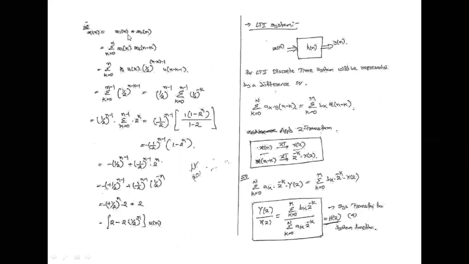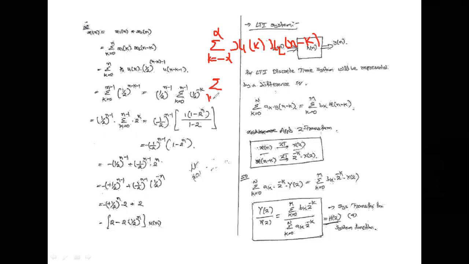And using this convolution formula, substitute (1/2) and the mu of k. I'll explain. The sum of k equal to minus infinity to infinity, x1 of k, x2 of n minus k. What is x1 of k? We got 1 whole power n mu of n.